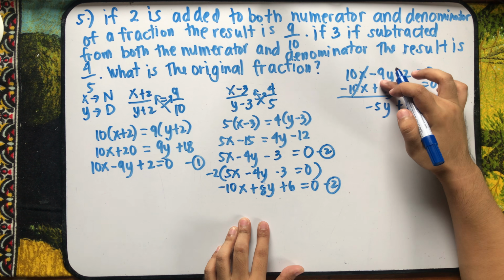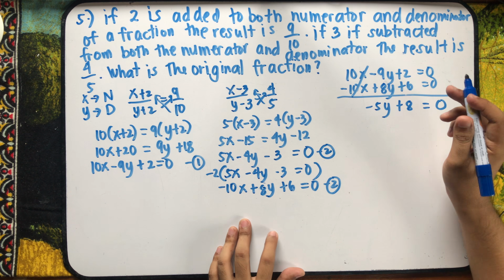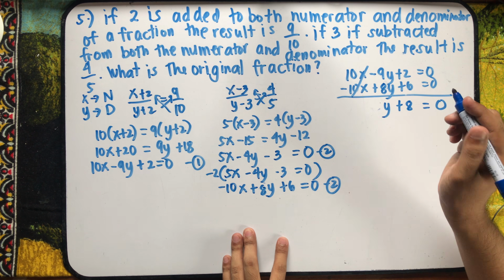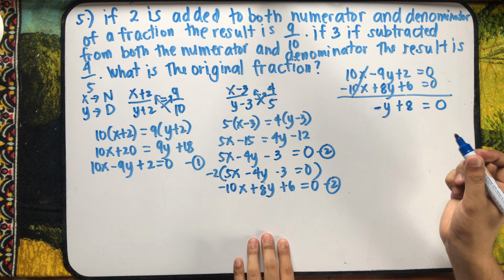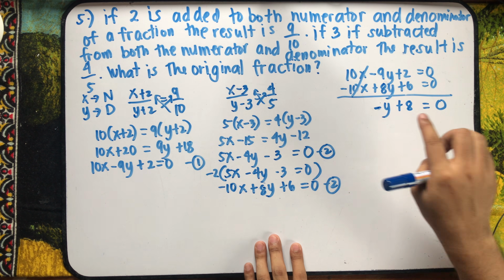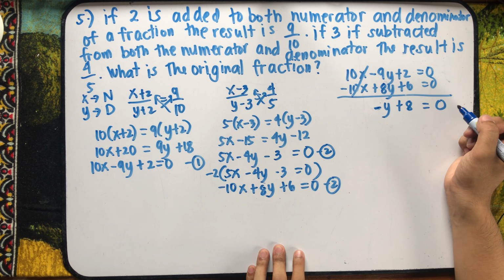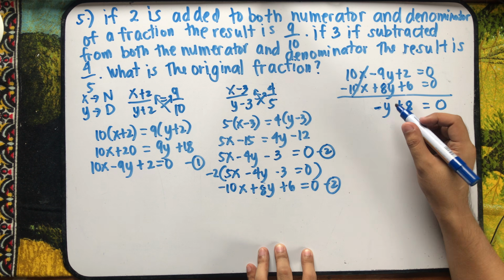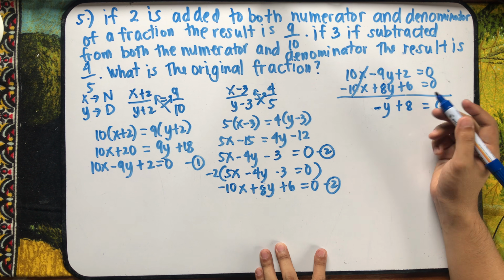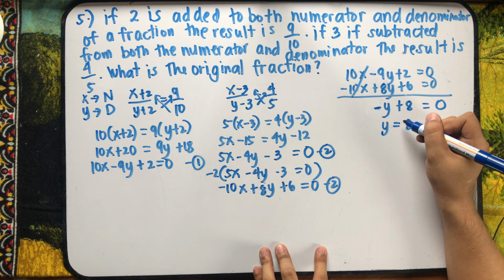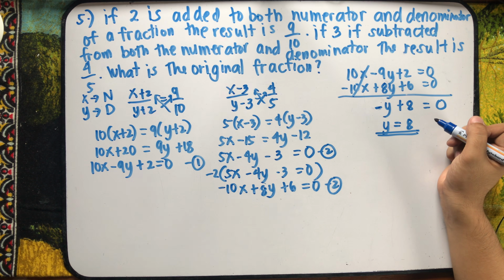Therefore this should be negative 9y plus 8y, that is negative y. Therefore, negative y plus 8 is equal to 0. And transferring negative y to the other side, this becomes y is equal to positive 8. Therefore, we now have y.